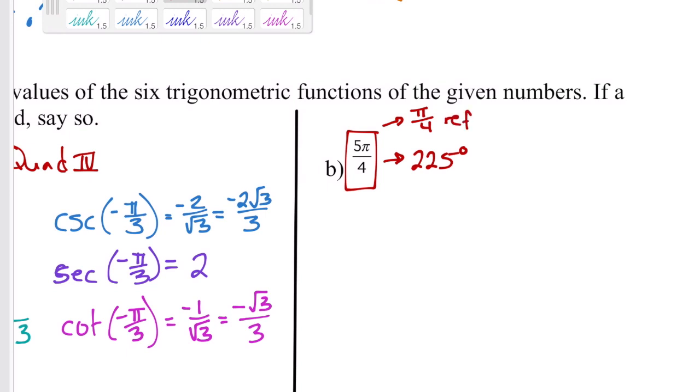And then the important part is 5 pi over 4, so that's a little bit over a full pi. So instead of 4 over 4, 5 over 4. So I know this is going to be a little bit past pi, which is 180. So this is going to be in quadrant 3, past my 180, past my pi.